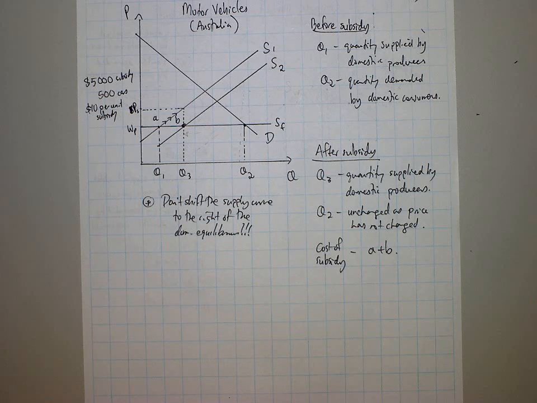So the question is then, what is the positive of this? How much are producers gaining from this? What you need to do is you need to look at the effective price they're receiving and the gap between that price and the supply curve. So that's how we figure out producer surplus, right?